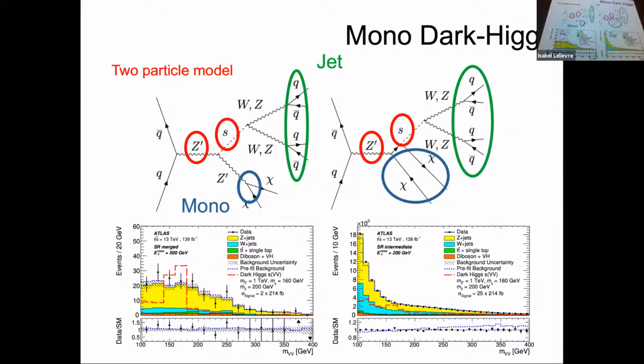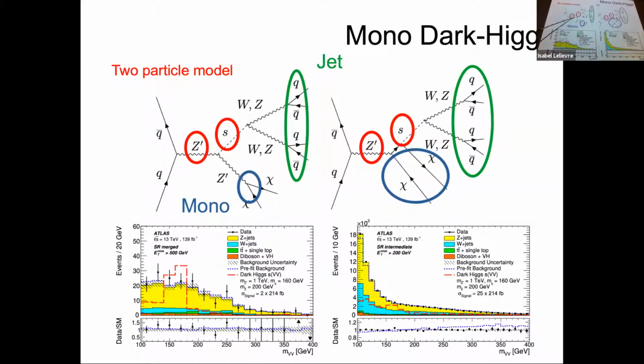So I won't even show the results. I'm finishing mostly on the LHC, but suffice it to say, you could play games with the mediators and make things more complicated. This is a result that just came out this year, where you add both a spin-1 Z prime and a spin-0 model.